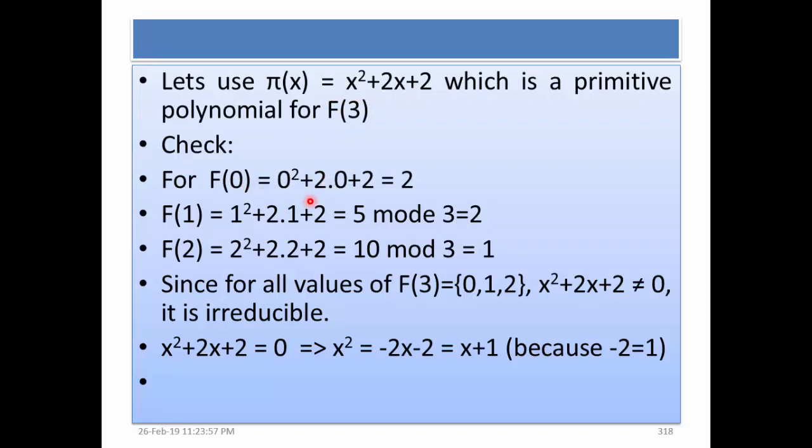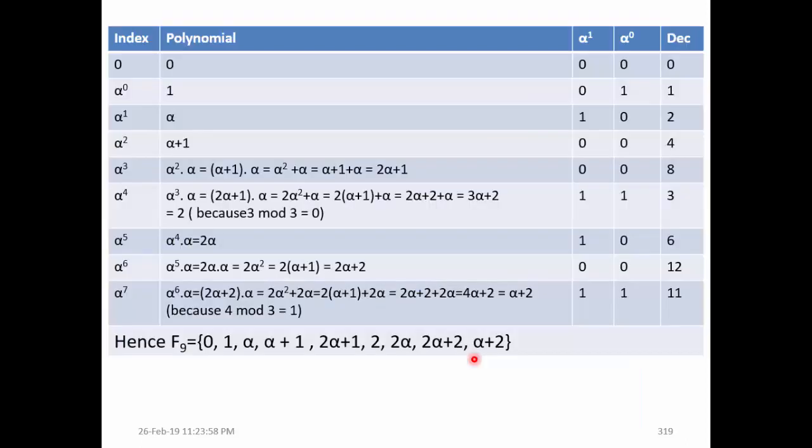Now if we again check whether it is irreducible or not, we get that it is irreducible. And what we get for x square plus 2x plus 2 equal to 0 is x square equals minus 2x minus 2, and here minus 2 is equal to 1. So what we get is x plus 1. So x square is actually equal to x plus 1.